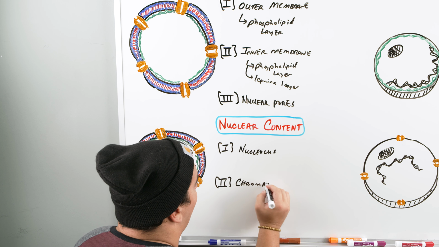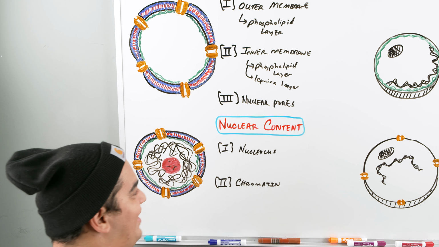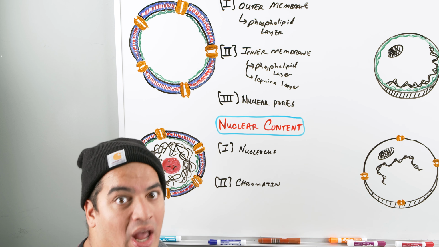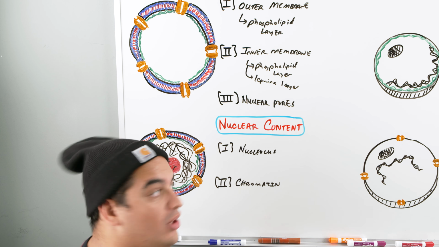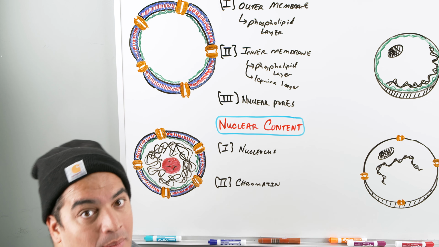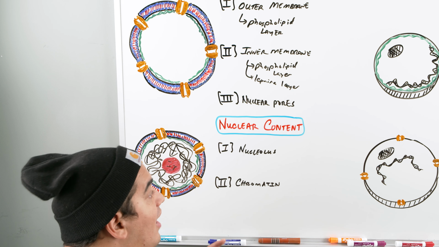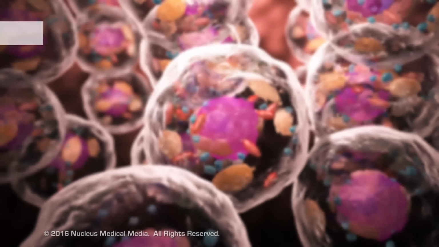We will talk next about all of these different things. So now we've completely covered the structure of the nucleus. We've covered the nuclear envelope, talking about outer, inner, and nuclear pore. We then talked about nuclear content, which is the nucleolus and the chromatin.